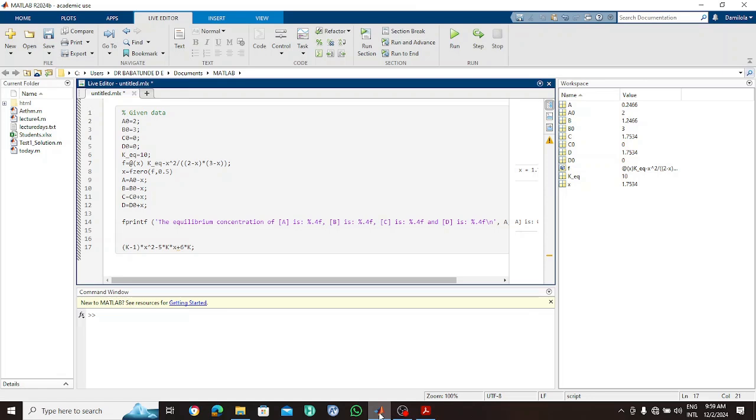So some person might have 1 minus k into x squared plus 5kx minus 6k. Another person might have that.